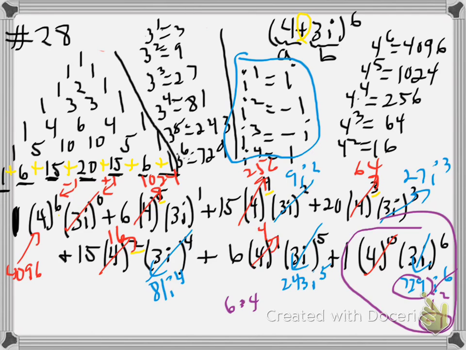This one here is going to be 6 times 4 times 243, and then this is actually I to the first power, because you can divide it by 4 and the remainder is 1. This here is 1, so I can just ignore it, and I've got 15 times 16 times 81 for this term here.